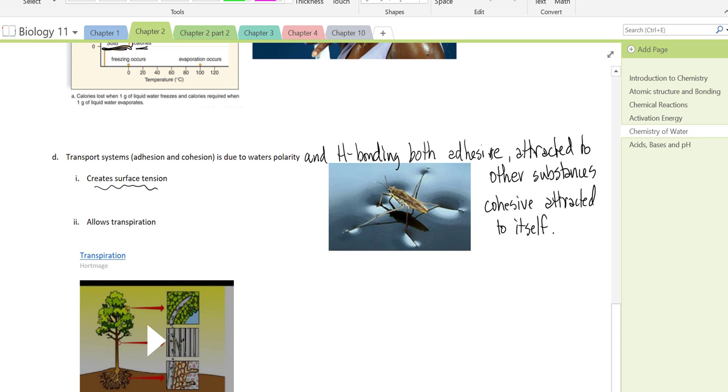So here we can see the water bug, right? It can walk on the surface of the water simply due to surface tension. There's enough attraction between water molecules. Maybe I should use dotted lines, right? These are all different water molecules. There's enough attraction that creates a surface tension. So the attraction, maybe I'll change it to cohesive.